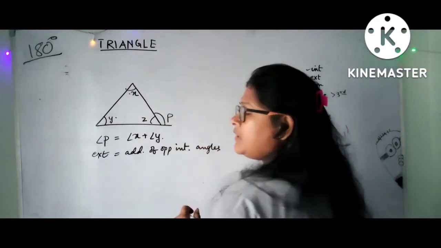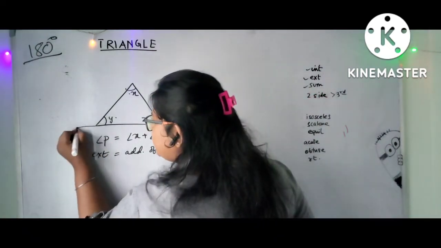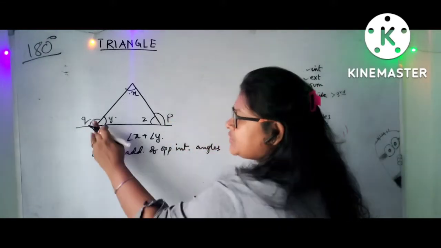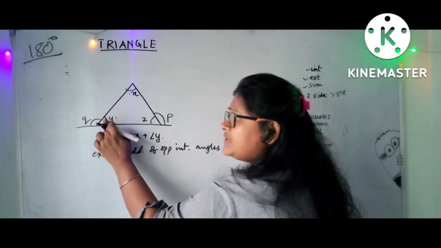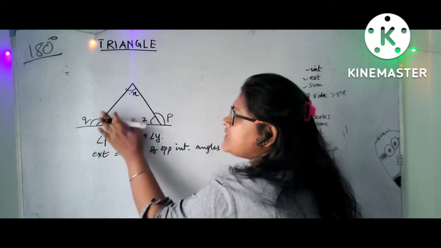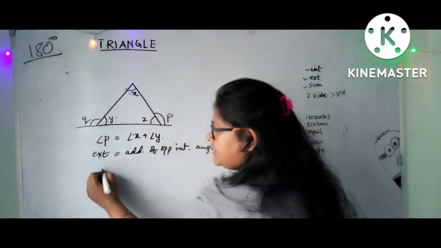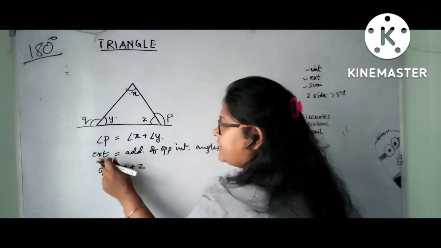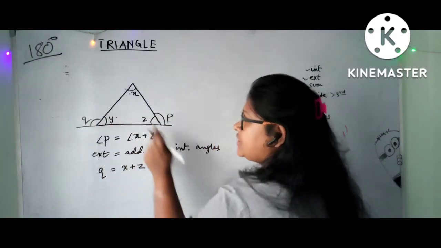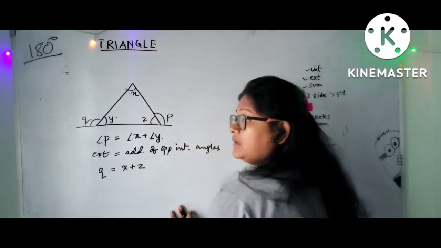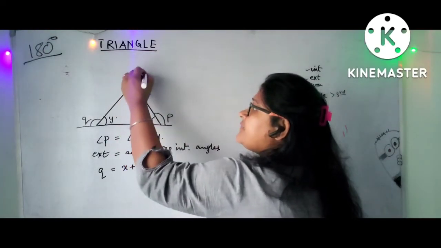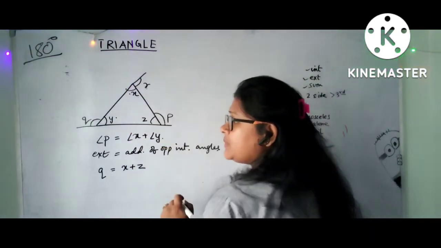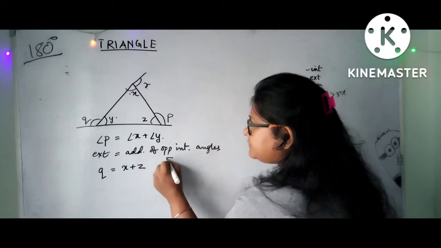Alright? Now, if you consider this angle Q, that means Q is external with reference to Y. What are the other two angles left? X and Z. So I can say Q is equal to X plus Z. External is equal to addition of opposite internal angles. Suppose I take an angle as R. R is linear with X. Okay, you can write this point.